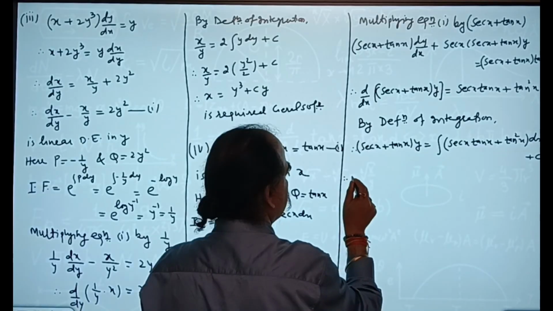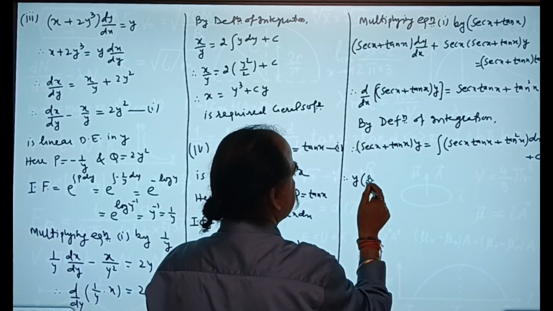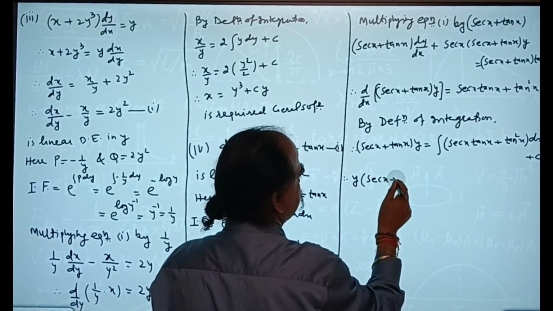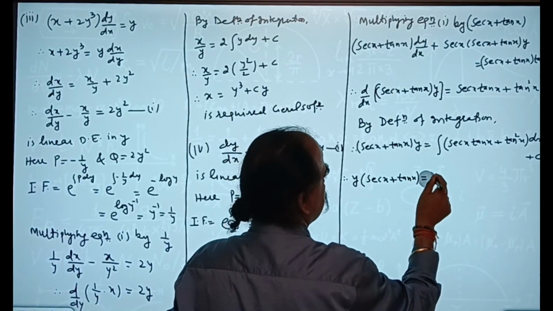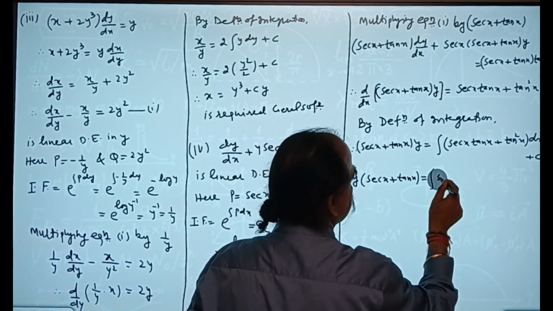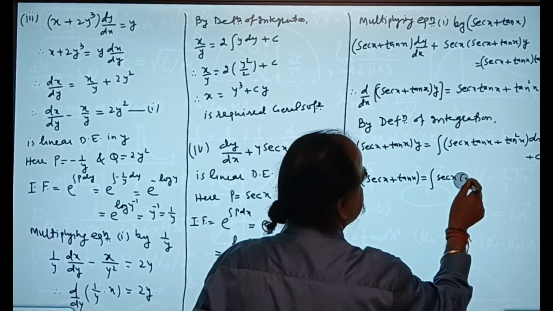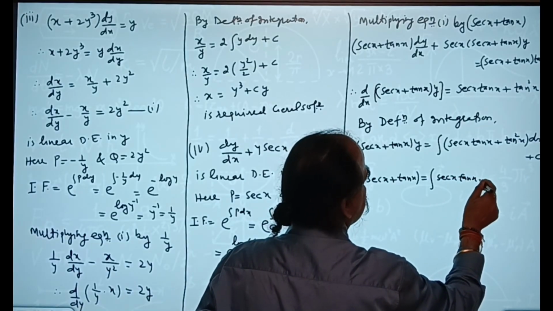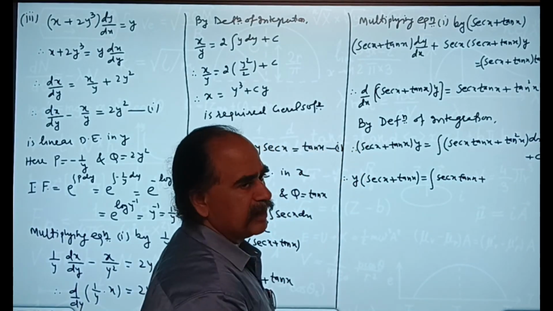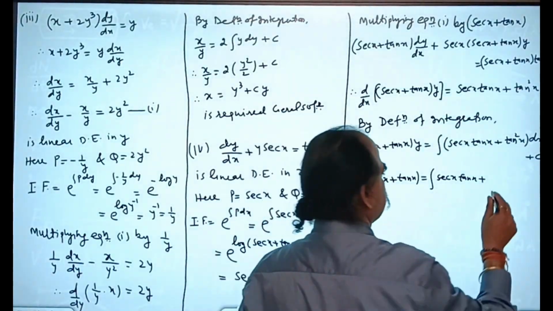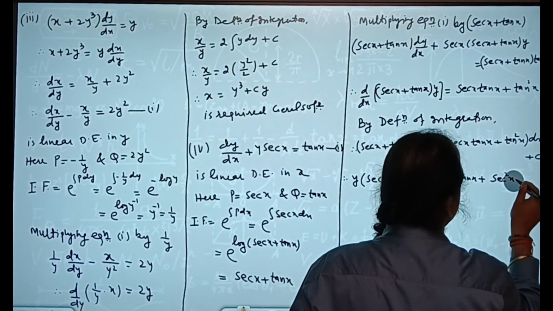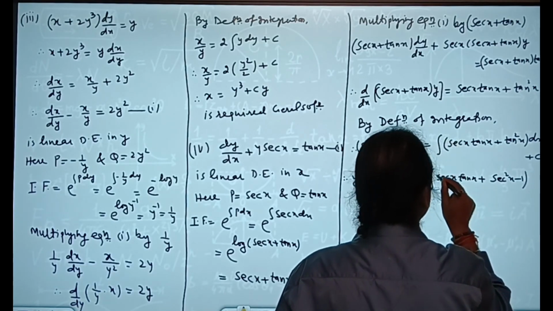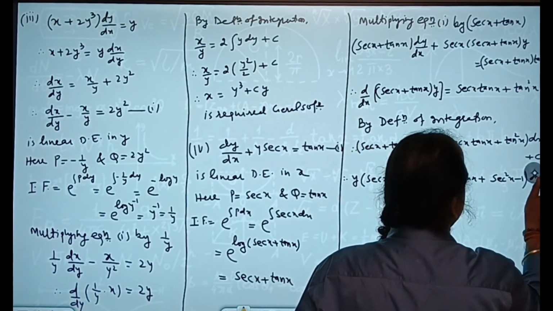Therefore, y into (sec x + tan x) is integral sec x tan x + tan² x, which can be written as sec² x − 1, dx + c.